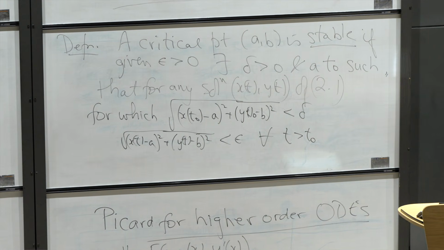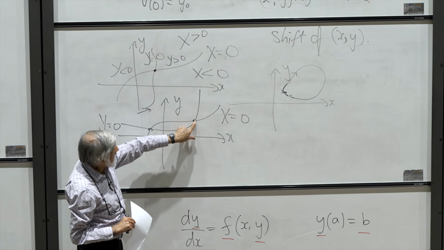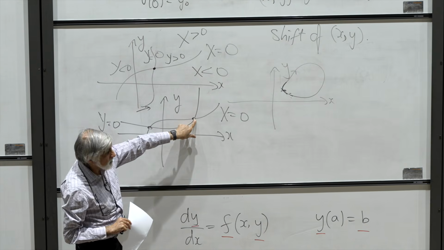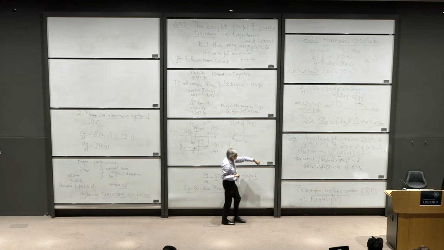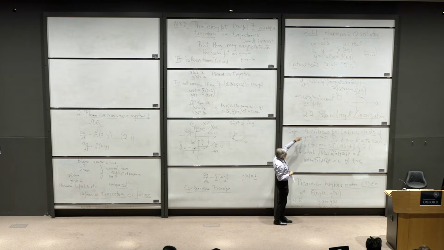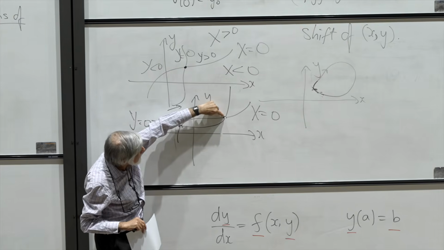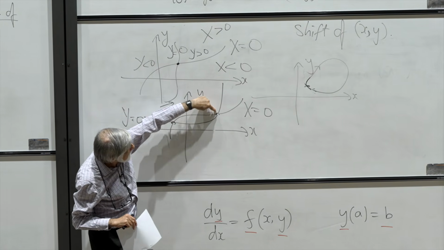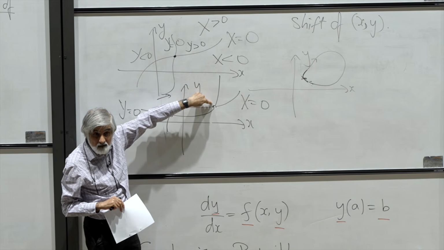And what that means is that if I start off at this point here, and say this is my point (a, b), if that is a stable point, essentially what that means is that if I perturb a little bit away from there, I'll always stay close to it.